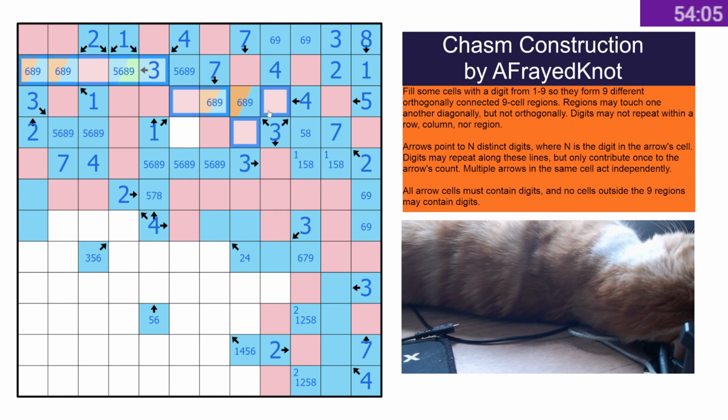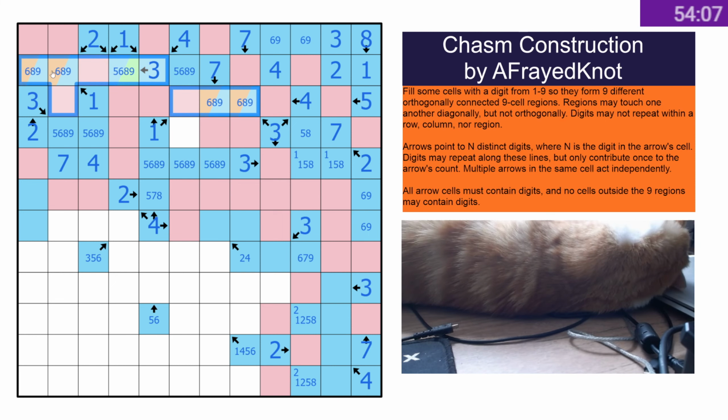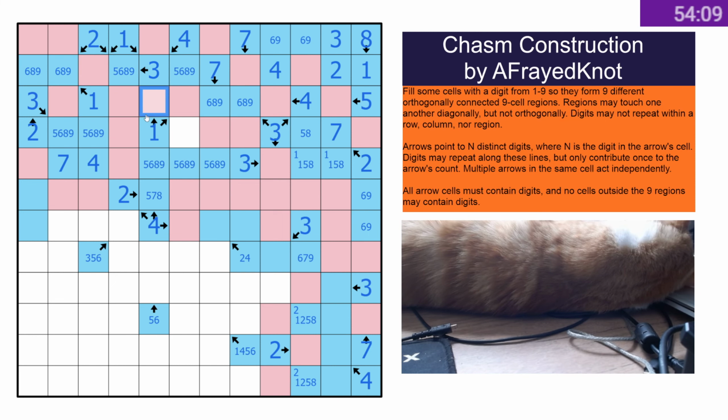I'm gonna let's get rid of the flashy colours for now. I don't think they're doing much as they are. This could still be a 2 or a 4.